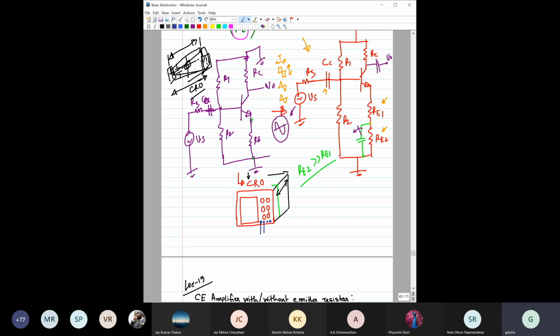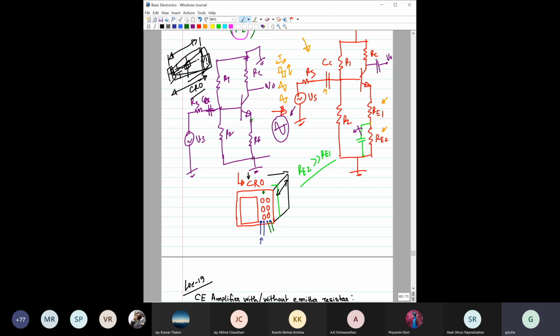For one channel you should connect a pair of wires across a signal, and it will show you some wave here. Then if you connect these two across another signal or another voltage source, you will be able to see another signal visualized here.